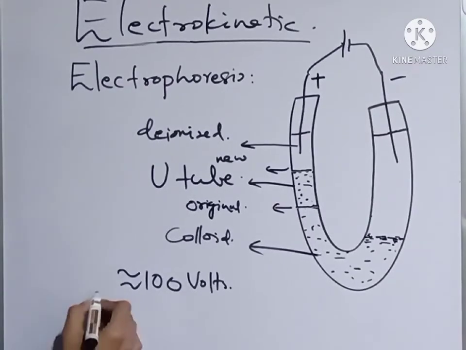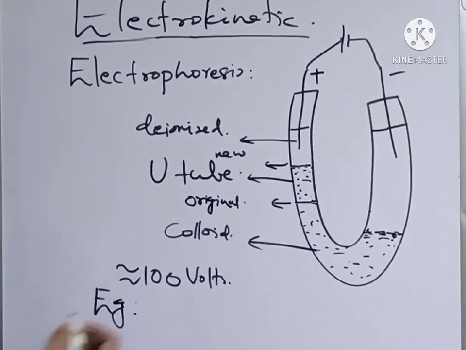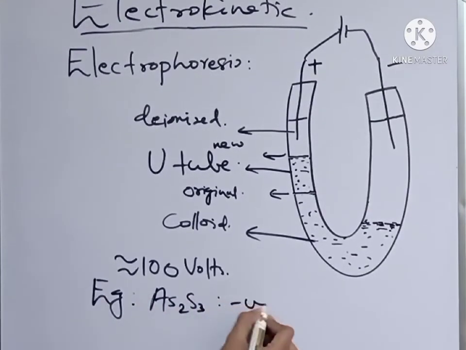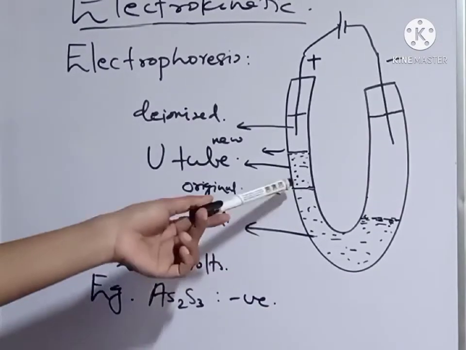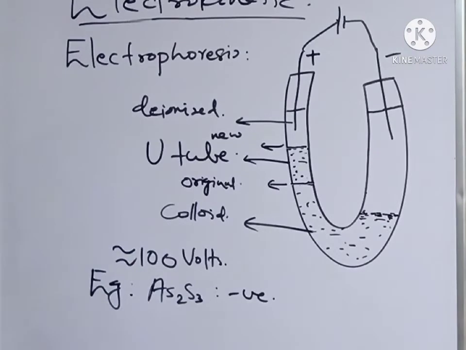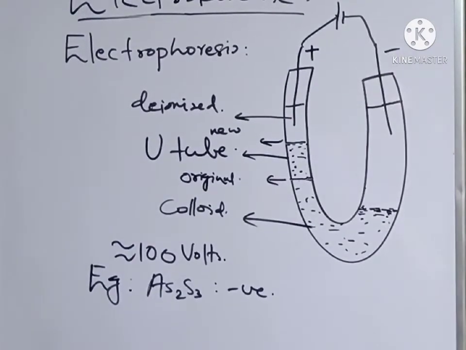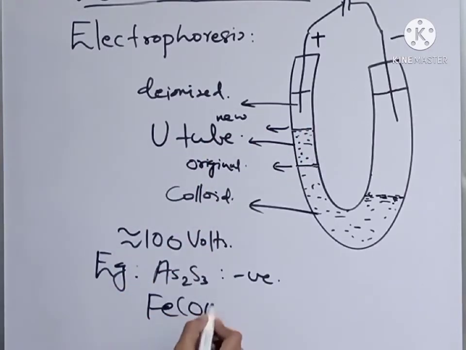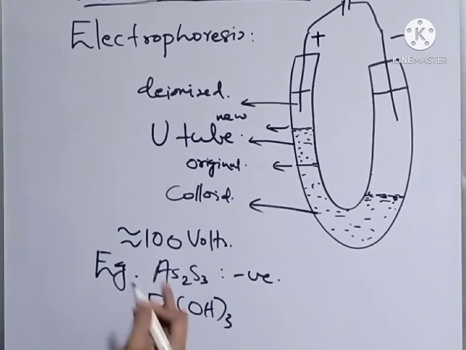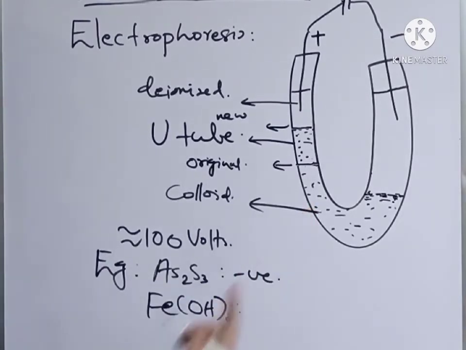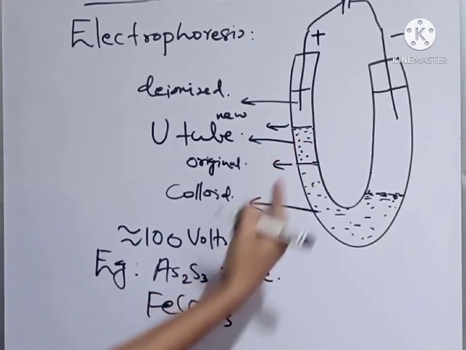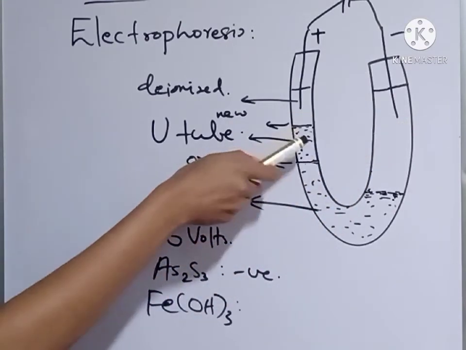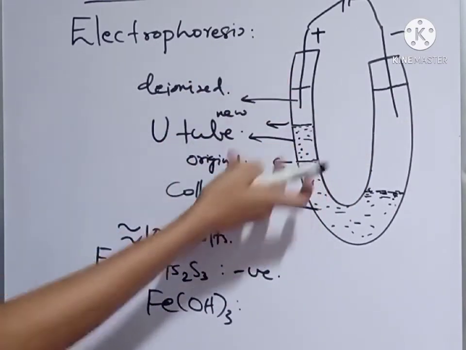Here I am going to mention some examples of positive and negative colloids. Arsenic sulfide, As2S3, is a negative colloid. So the experiment we have done here uses this negative colloid, arsenic sulfide. If we use ferric hydroxide, Fe(OH)3, instead of arsenic sulfide, the rise will be in the negative region, and the decreasing level will be in the positive region.